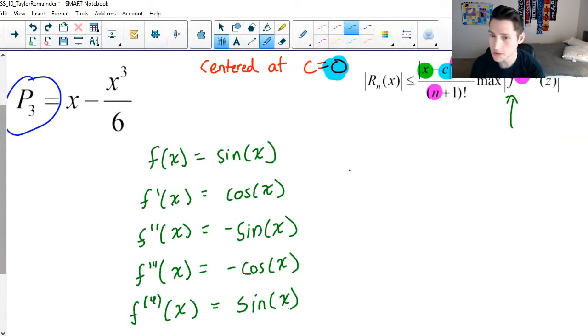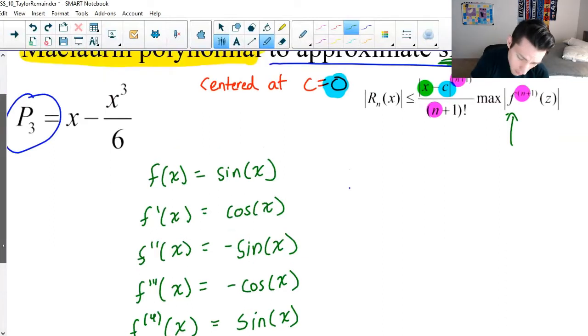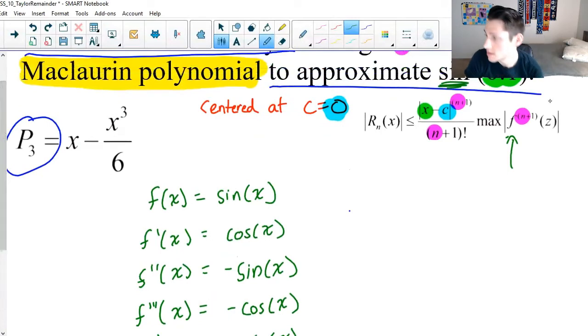And more specifically, from my formula, I want the maximum of this fourth derivative if I evaluate it at z. Okay, now again, what is z exactly?